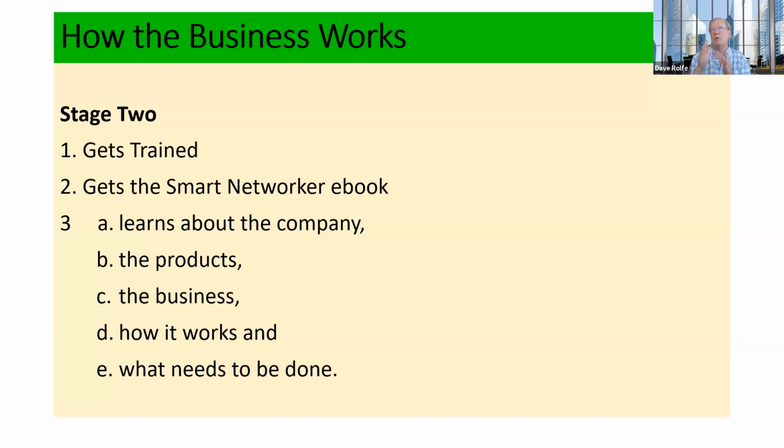We're a business all about communication, so you have to know how and what to communicate to other people. So here's what I'm going to suggest. Get the book Smart Networker. It gives you a great overview of the reality of what has to be done. Learn all about the company, the products, the business, how it works, all the ins and outs, and what needs to be done. So now the person has an overview.